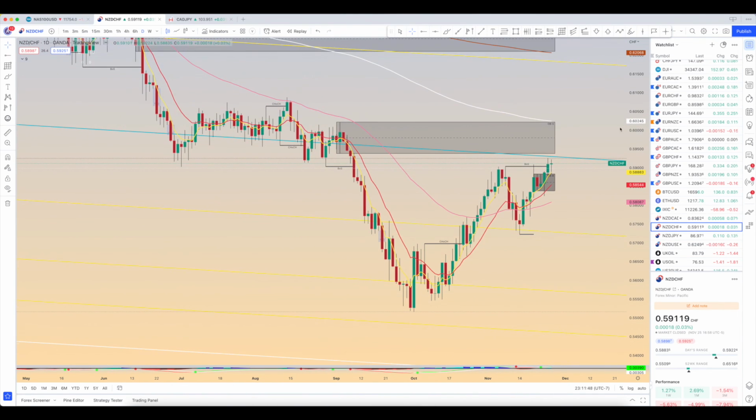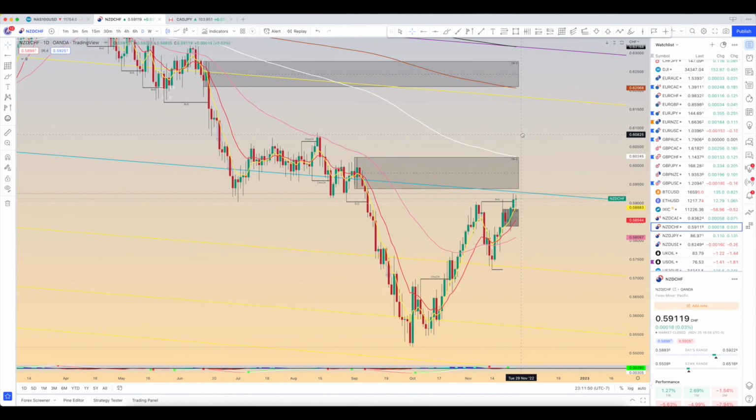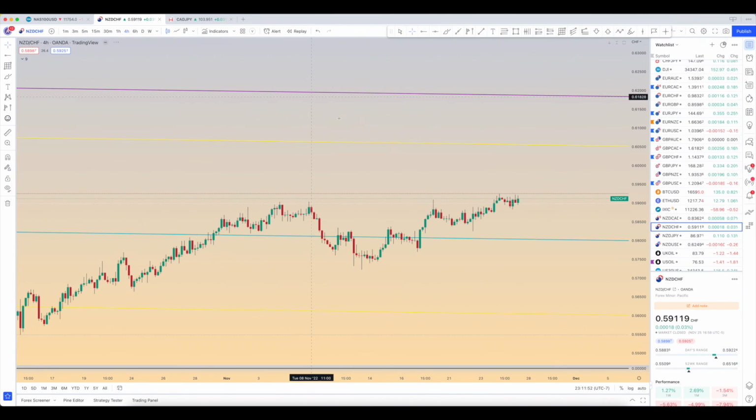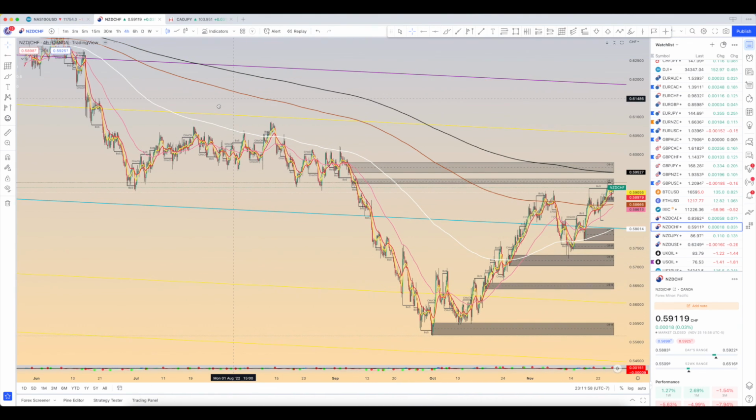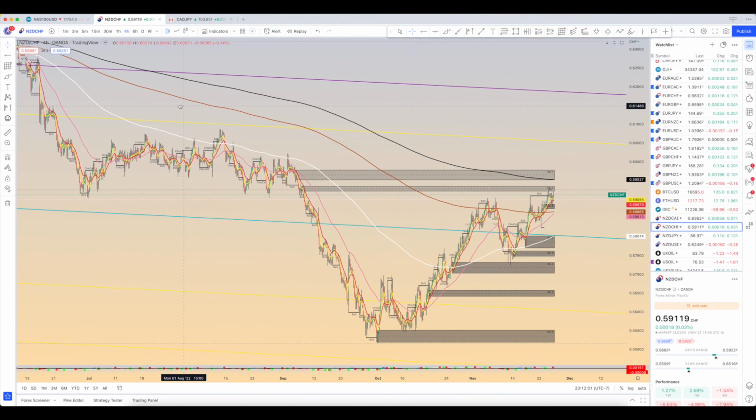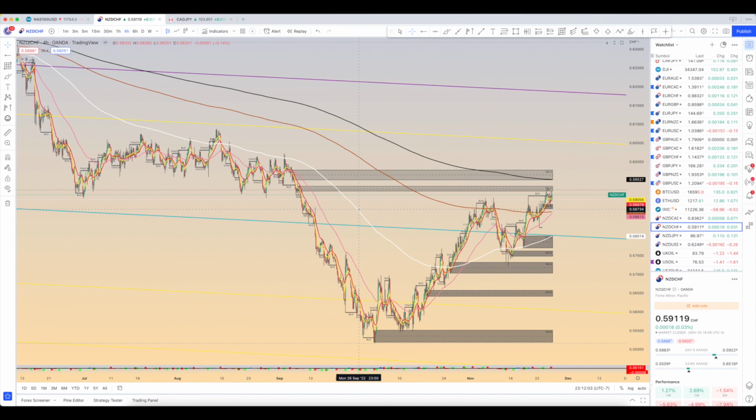NZD CHF. Yeah, there are order blocks on the daily. I don't really see this happening very much. Even though CHF interest rates have been low, they're still kind of crushing it long term, right? So the only thing I can see is, I mean, yeah, overall, this is still on a sell.